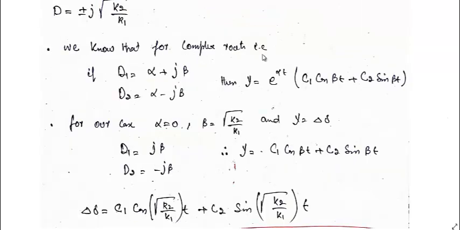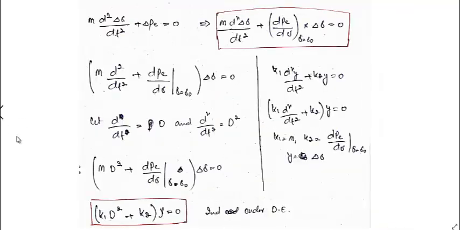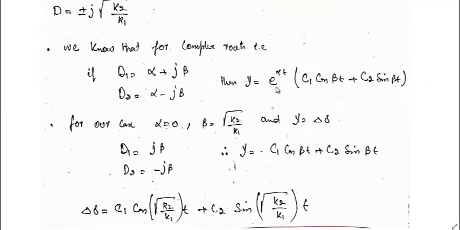We know that for complex roots, if d1 is equal to alpha plus j beta and d2 is equal to alpha minus j beta, then the general solution of this equation is y equal to e raised to power alpha t, into c1 cos of beta t plus c2 sin of beta t. For our case, alpha is equal to 0 because it's a pure imaginary number.